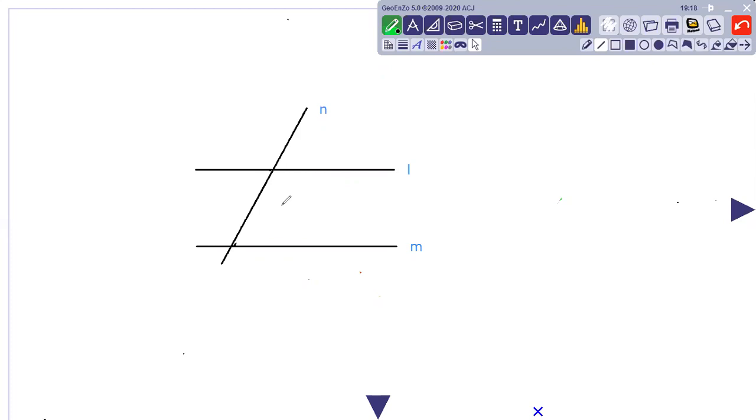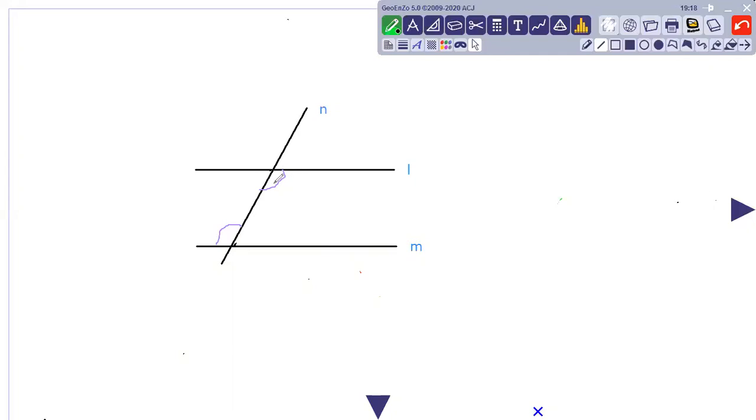Now the third point is these two angles are equal. These are called alternate interior angles. Alternate means one is lying on one side and the other angle is lying on the other side. One is on the left side, the other is on the right side.